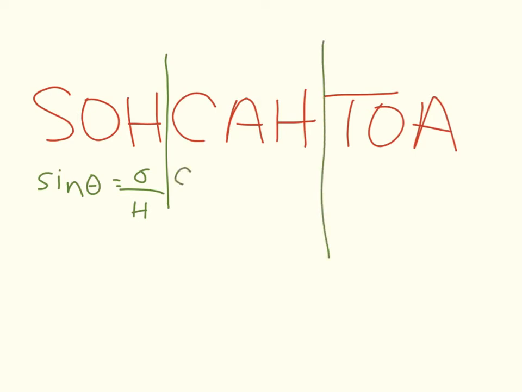CAH was meant for you to remember cosine, that compares adjacent to hypotenuse. And then TOA, which represents the tangent, compares the opposite side to the adjacent side. So there's SOHCAHTOA to help you remember which trig function compares the sides.